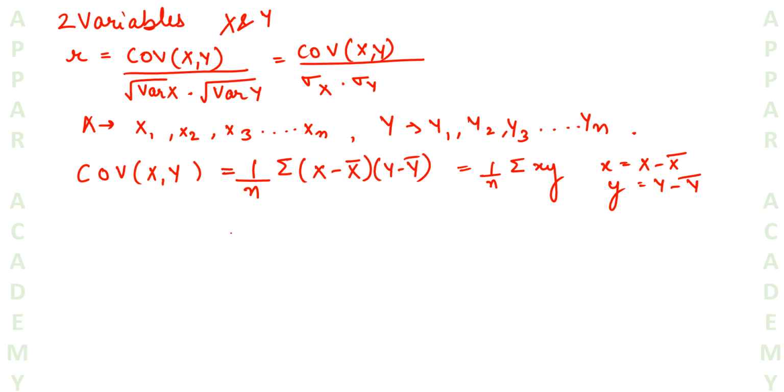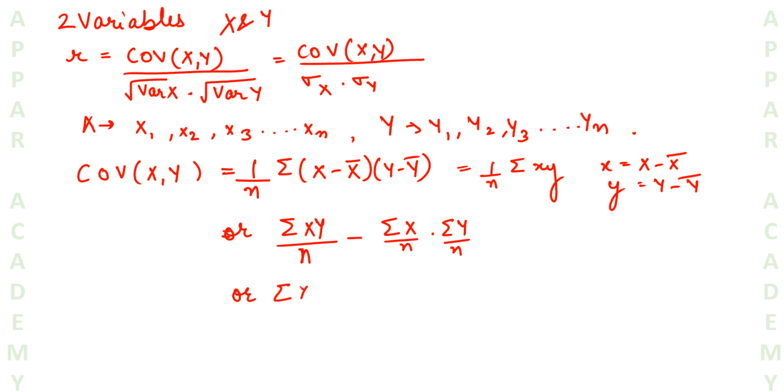We also have another formula for covariance between x and y. We can also write it as summation xy upon n minus summation x upon n into summation y upon n. I'm just giving you different formulas that we are going to use later, right?